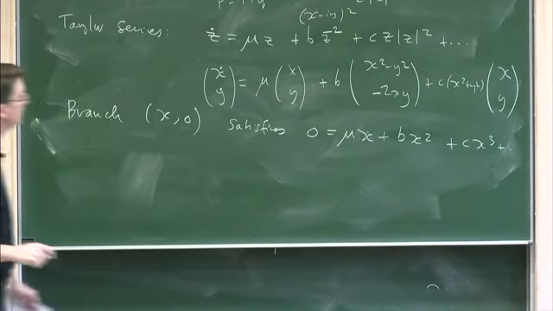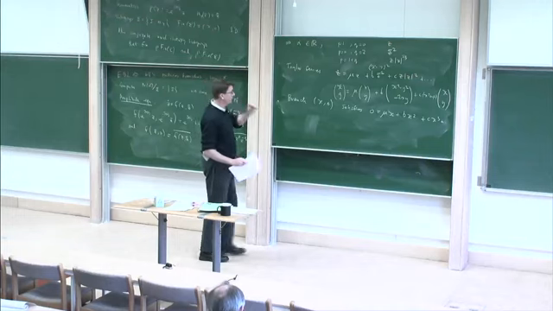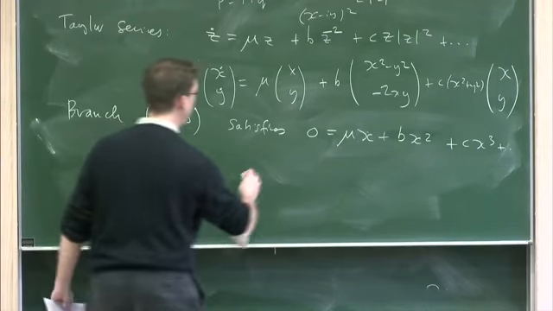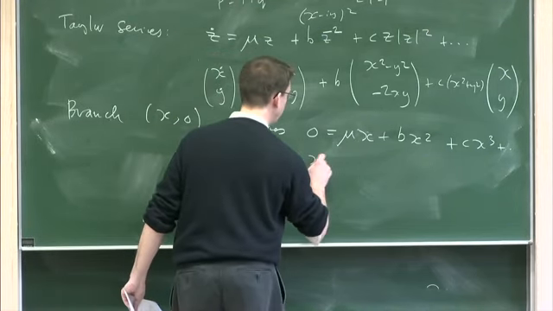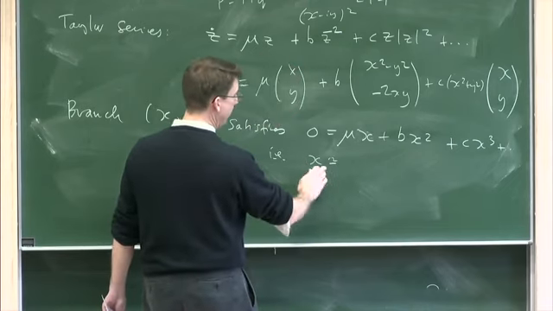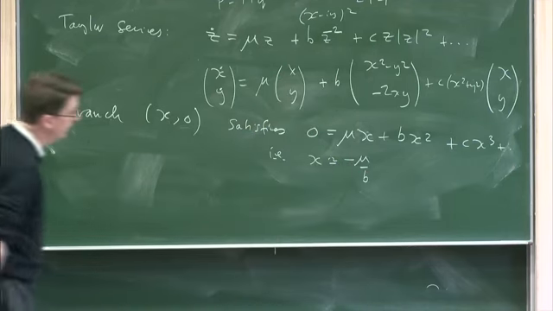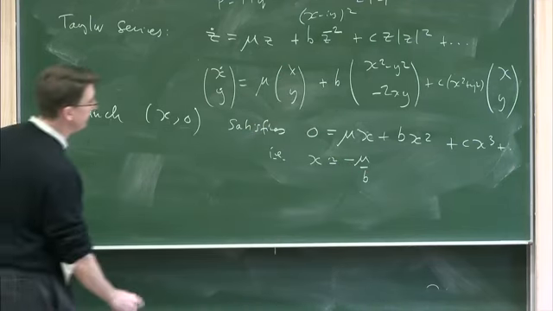And I can set y to be 0, and that's clearly fine for my second component here. So if I think about being at small x, then its location is given approximately by minus mu over b.